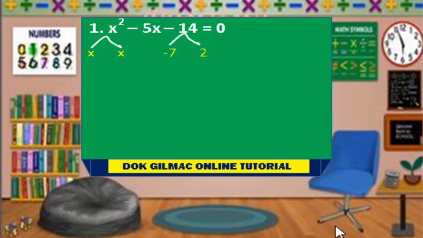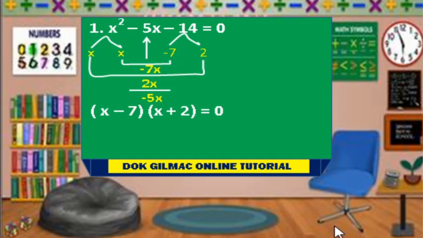If we multiply x and negative 7 and x and 2, we have negative 7x and 2x. Getting the sum, we simply have negative 5x, which is just the middle term. So from here, we have the factors of x squared minus 5x minus 14. So we have x minus 7 and x plus 2 is equal to 0.